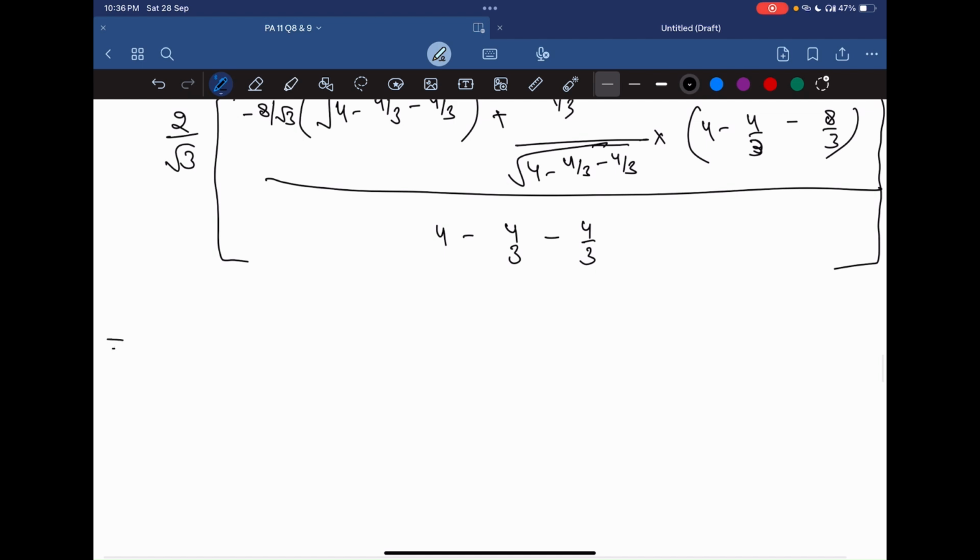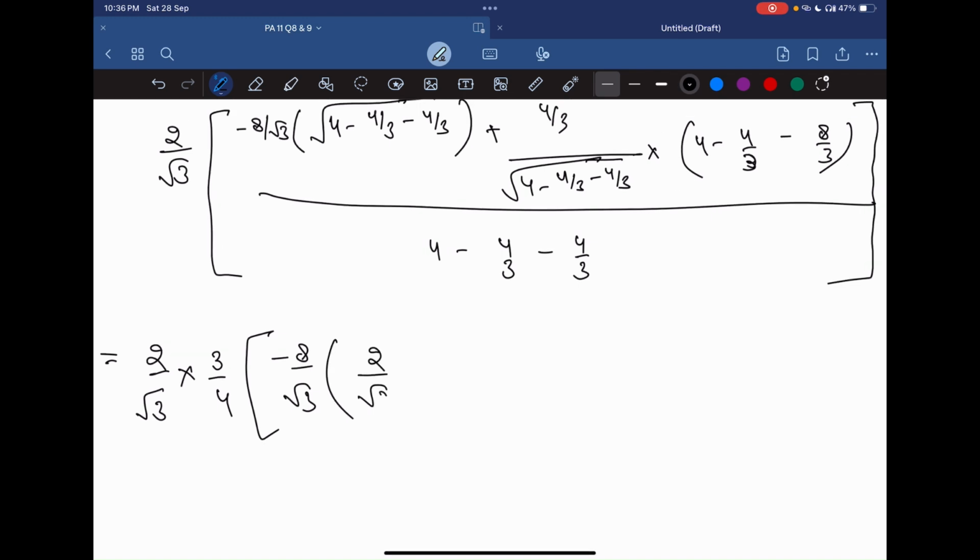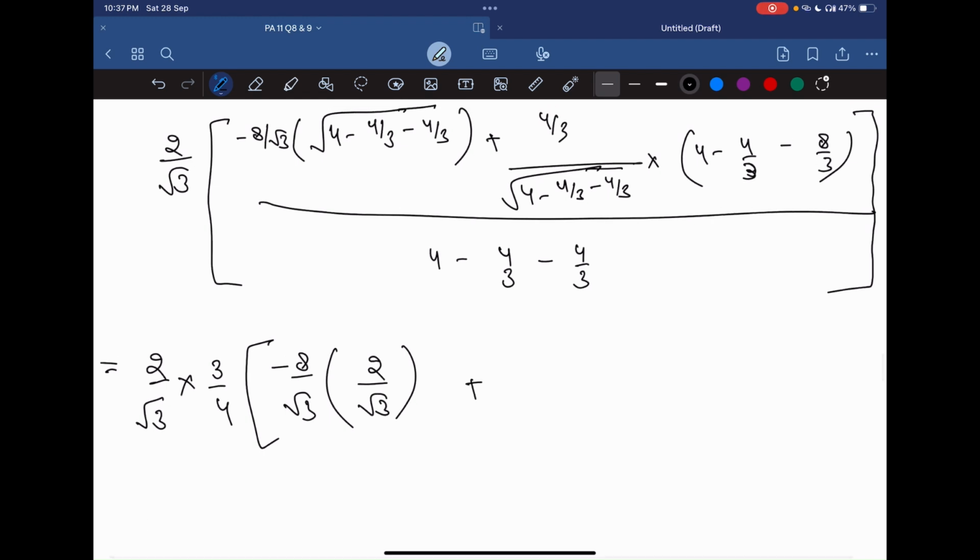If you simplify it, it would be 2 by root 3 into 3 by 4. This 3 by 4 will come from the denominator, and into minus 8 by root 3, 2 by root 3, plus, so here this term would be just 0.